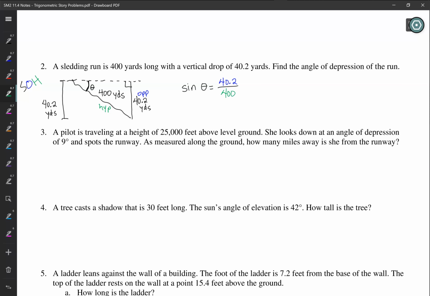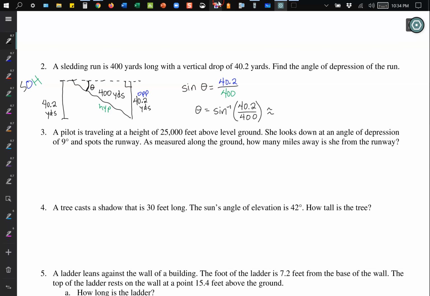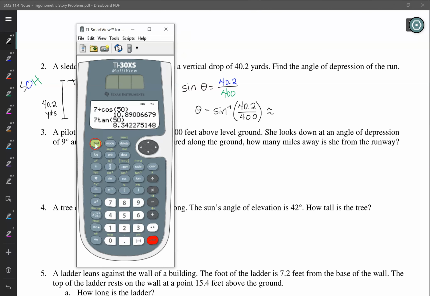So in order to get the calculator to tell me how big the angle is, I use the inverse sine. You always use the inverse when you know how big the sine or the cosine or the tangent is, and you're trying to figure out how big the angle is. So second sine, 40.2 divided by 400.